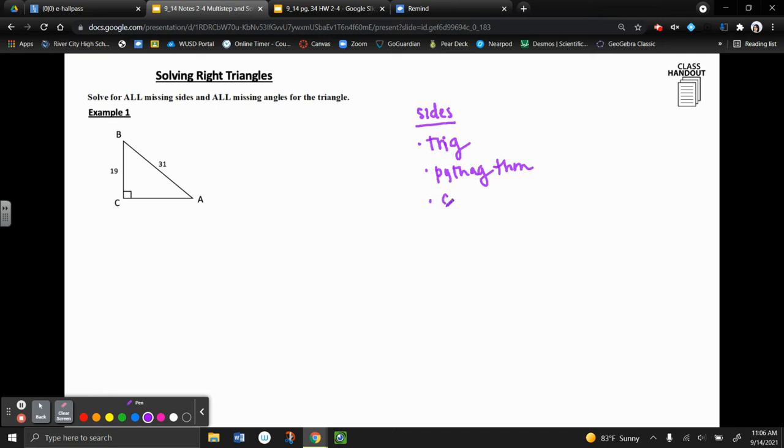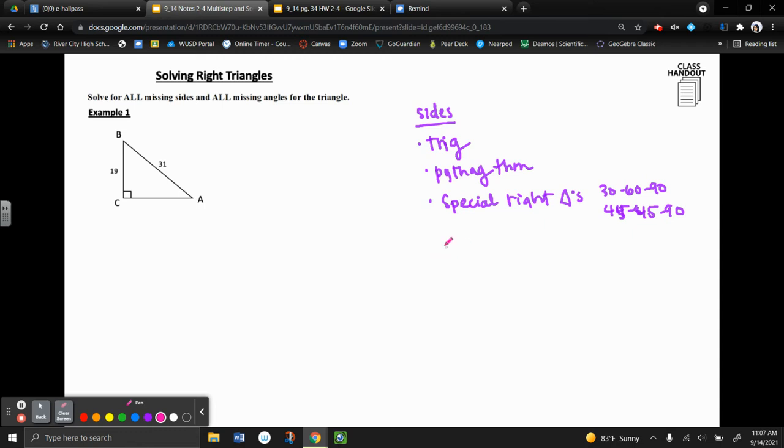Another way is special right triangles, although that's only in special cases, if it's a 30, 60, 90 or a 45, 45, 90. So those are the ways we've learned to solve for sides.